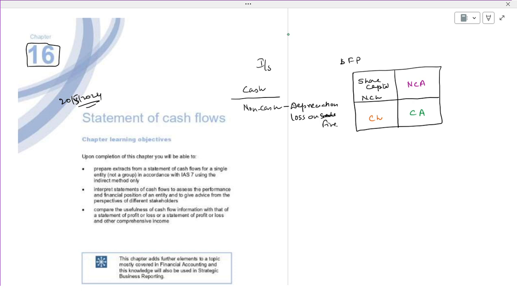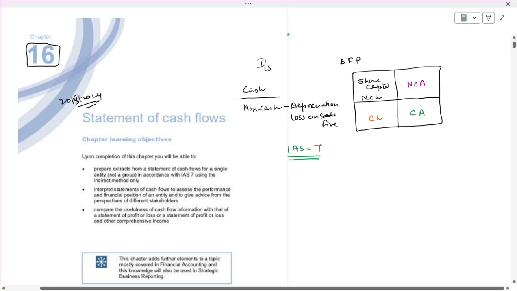When we do the cash flow statement, I am giving you a summary of the first 7 pages. We prepare the cash flow statement as per IAS 7. Only cash matters, nothing more, nothing less. If it is cash, you have to show it.